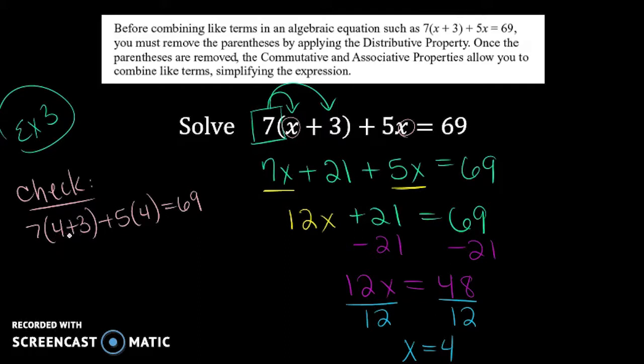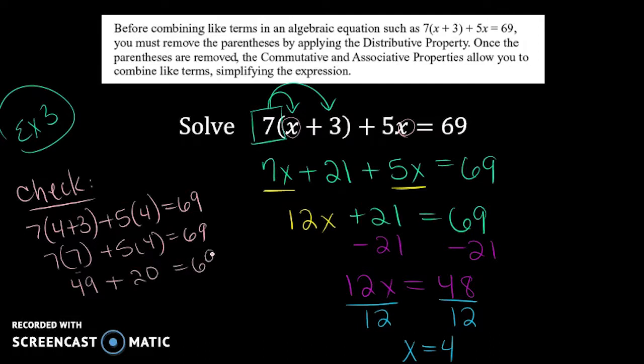Then we use our order of operations. So 4 plus 3 is 7. Seven times 7 is 49. Plus 5 times 4 is 20. And 49 plus 20 is 69. So we have 69 is equal to 69, and that is true, so it does check out.